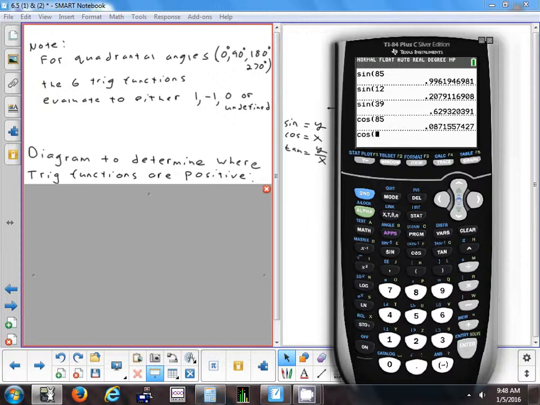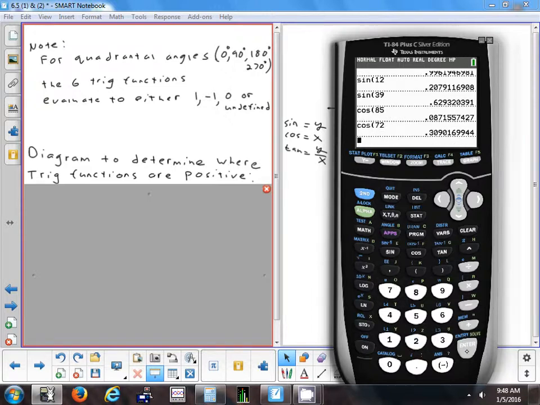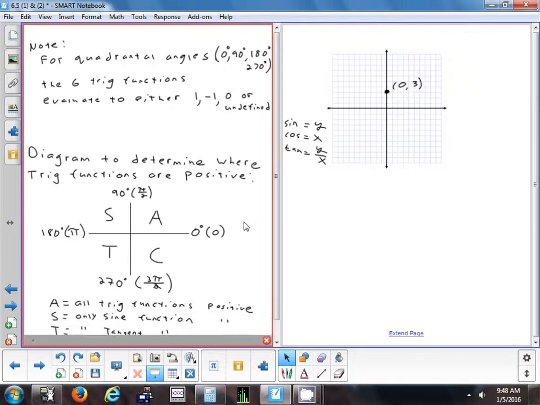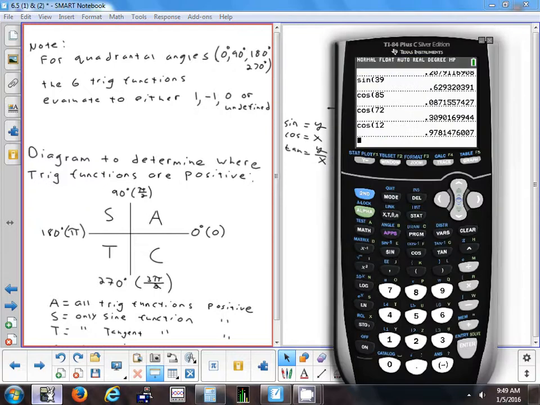Cosine 85, cosine 72, cosine 12. What are you noticing here? They're all positive. And the same thing's going to happen with tangent. In quadrant 1, all of your trig functions are positive. Whether you take the sine, the cosine, or the tangent, any angle between 0 and 90 is always going to come out positive. Okay, if you go to quadrant 2, start picking angles between 90 and 180.